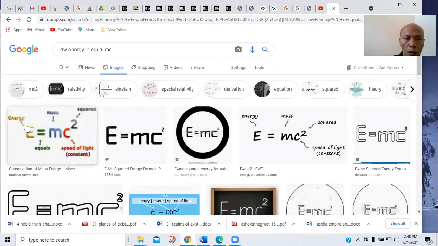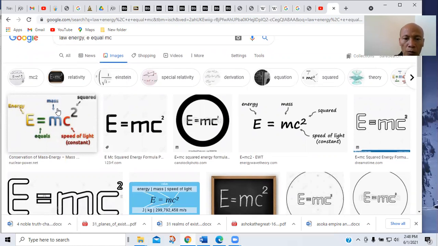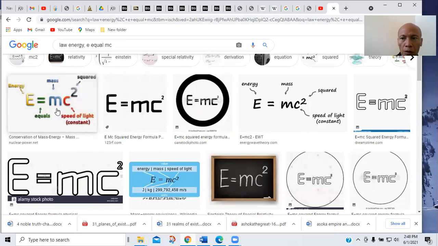Here, energy equals the mass times the speed of light squared. So according to this theory, nothing is lost. The energy is transformed from one form into others. So that is the nature of life.